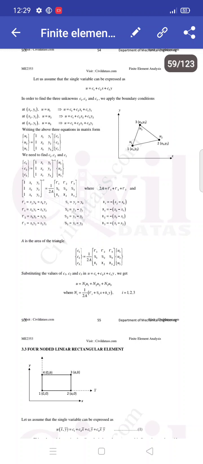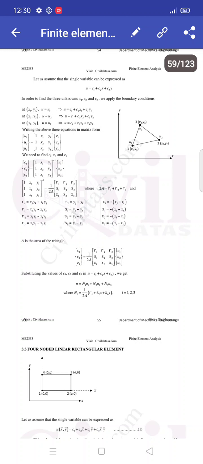Then s1 is equal to y2 minus y3, s2 is equal to y3 minus y1, and s3 is equal to y1 minus y2. And x1 is equal to minus half of x3 minus x2, x2 is equal to minus half of x3 minus x1, and x3 is equal to minus half of x1 minus x2. A is the area of the triangle.